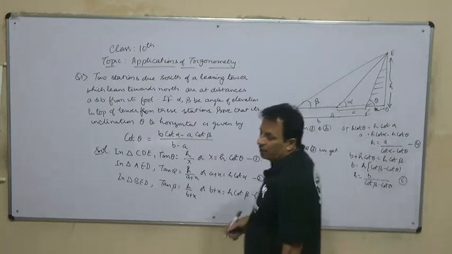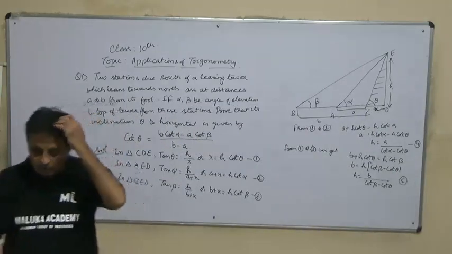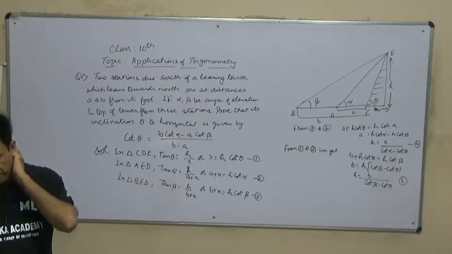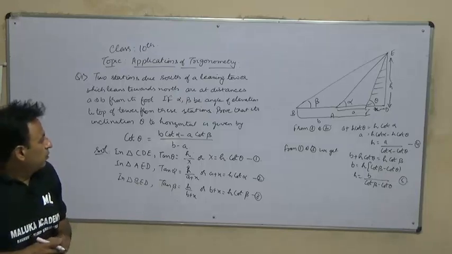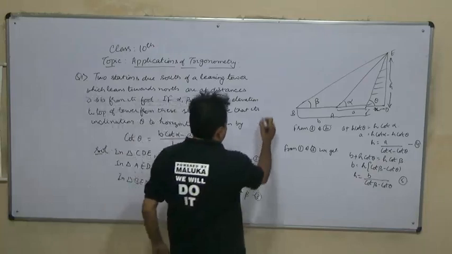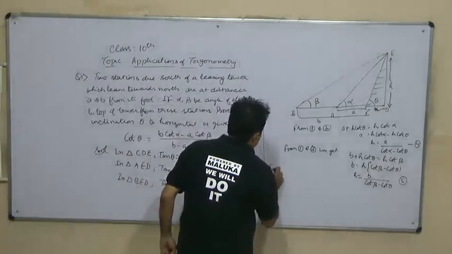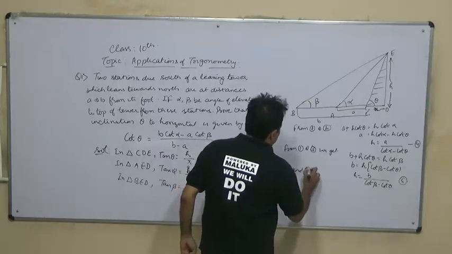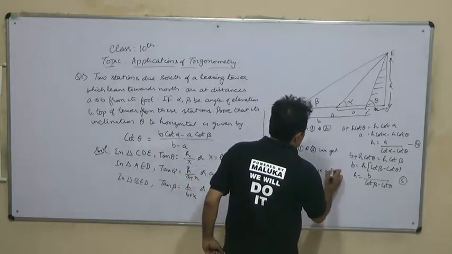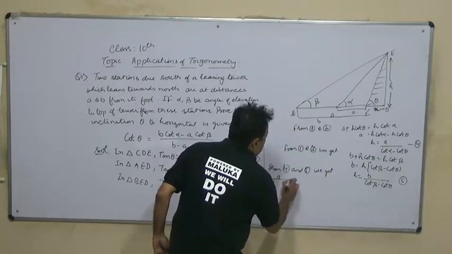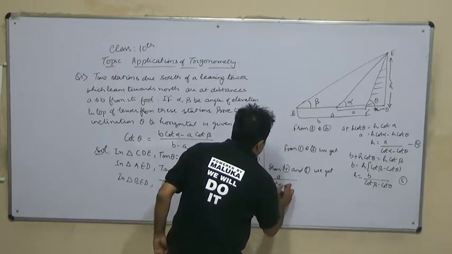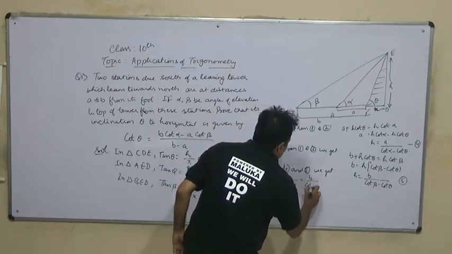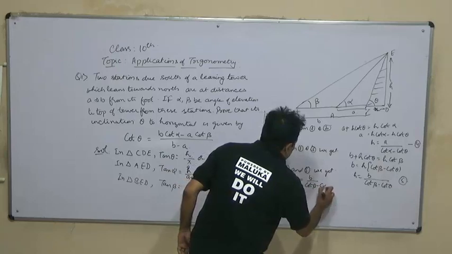So from 4 and 5 we get the value of H. Now we can compare the values from 4 and 5. A upon cot alpha minus cot theta is equal to B upon cot beta minus cot theta.